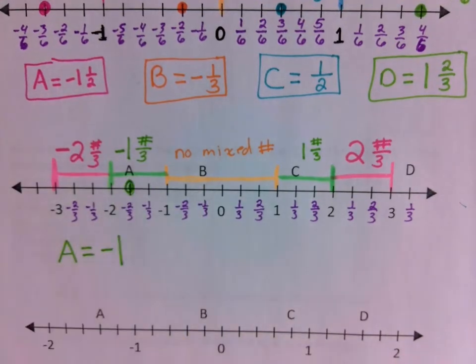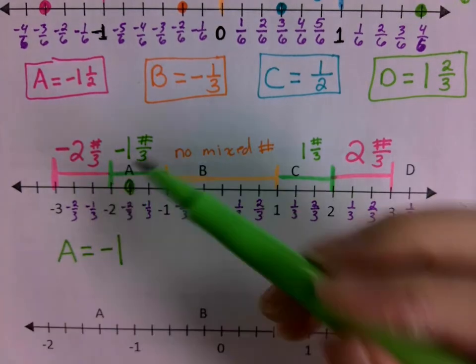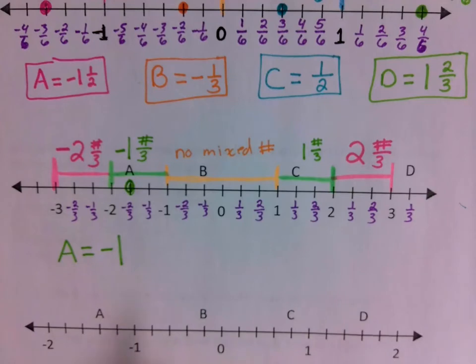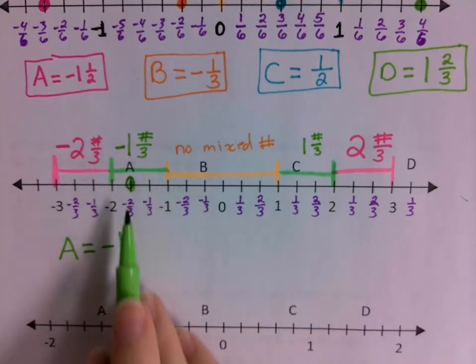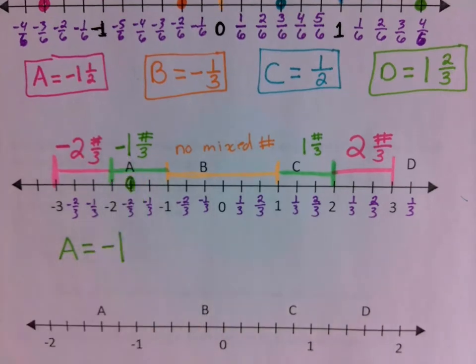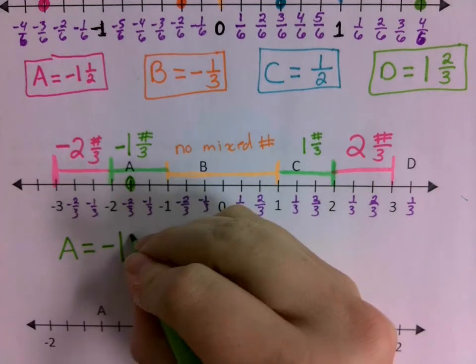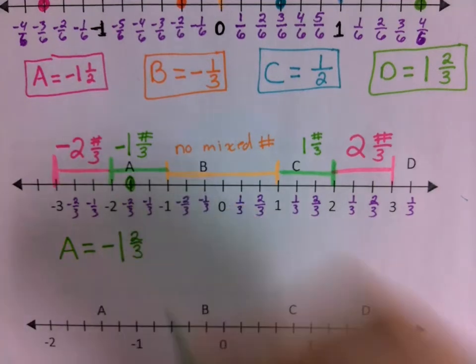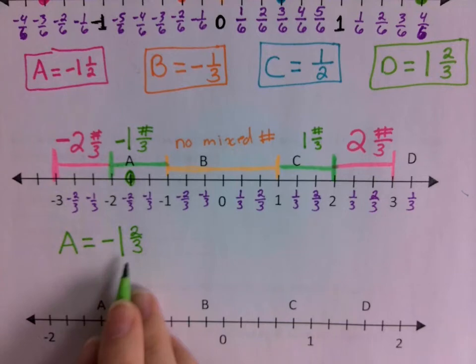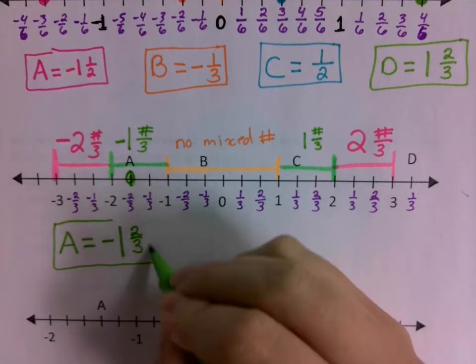Look at the problem. Look at where A is. We already know the whole number is -1. What's the fraction going to be? 2 over 3. So we have -1 and 2/3 for this problem.